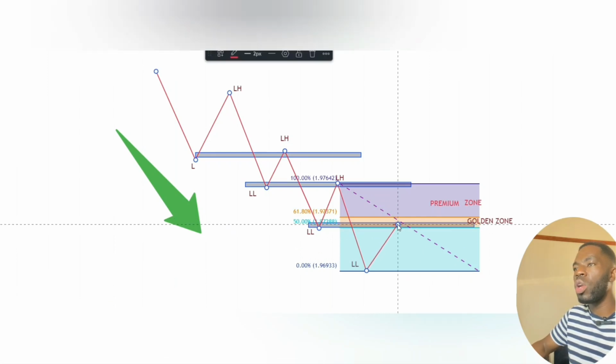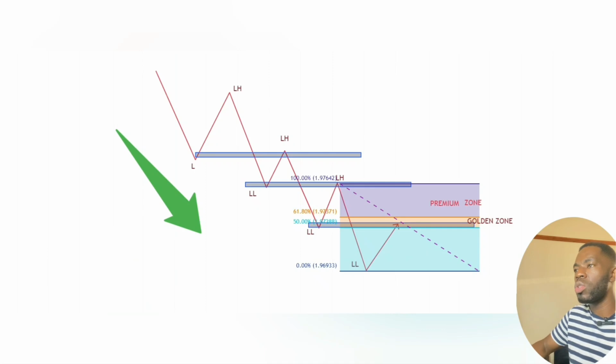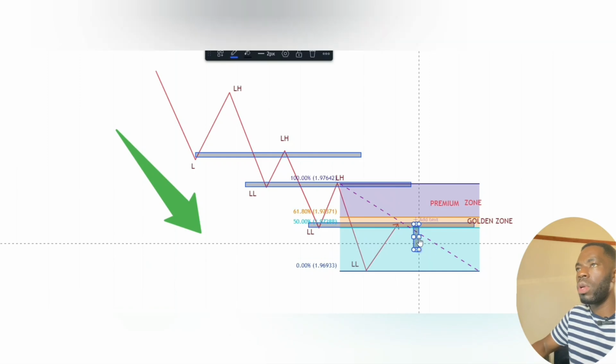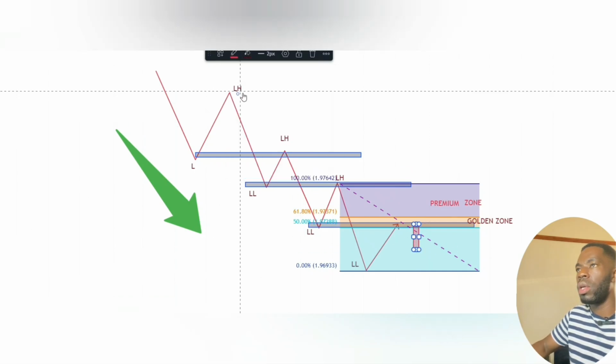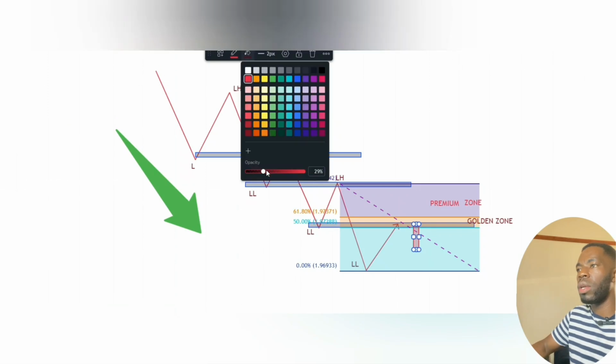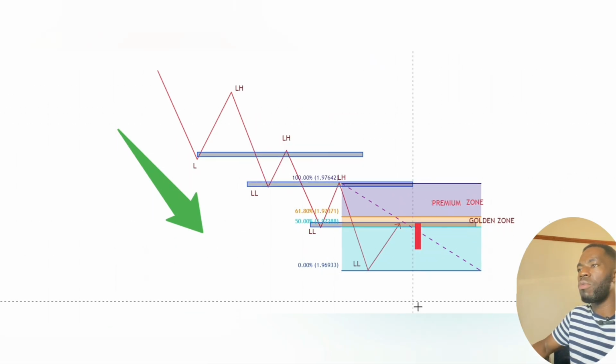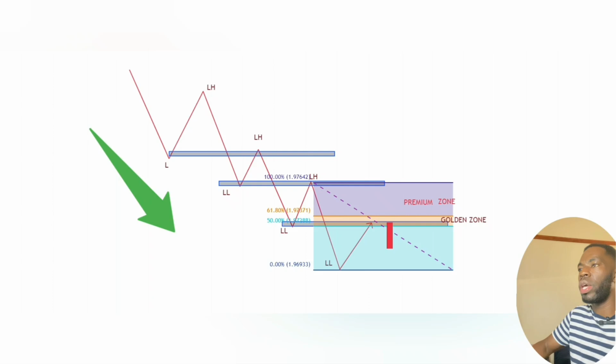When it gets here, you are looking for your candlestick patterns to the downside. You are looking for a bearish engulfing candle around this zone. When you see the bearish engulfing candle here, then you place your trade.